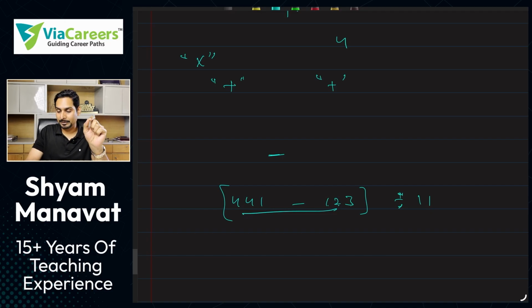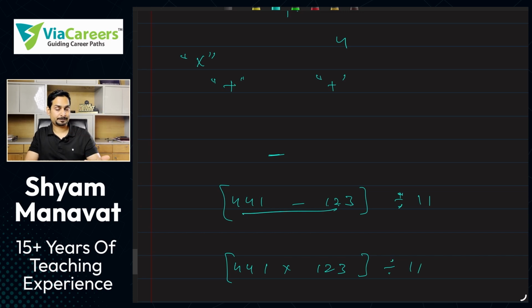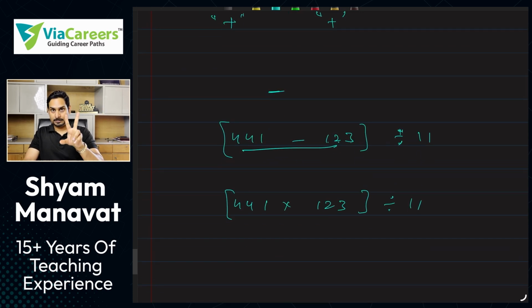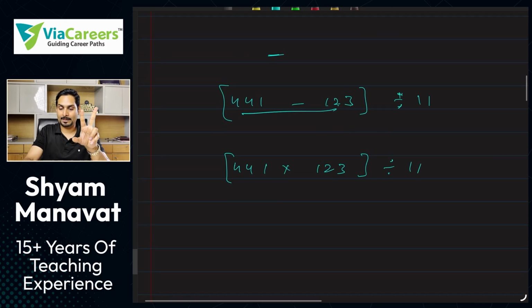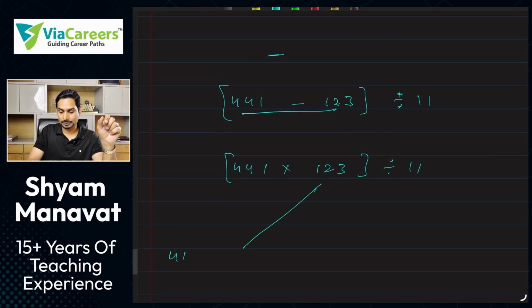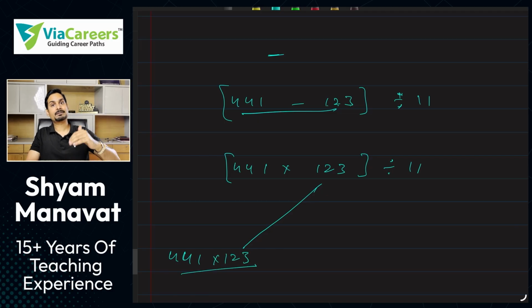But what will be difficult? Difficult will be if I have 441 multiplied by 123 and then divided by 11. So now in this case, which is the shorter way? You got two ways. One is you actually multiply 441 into 123, and then you divide the result by 11 to get the remainder.